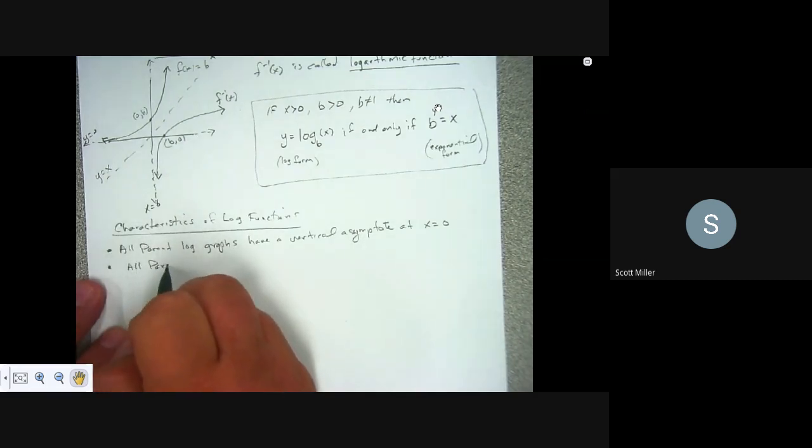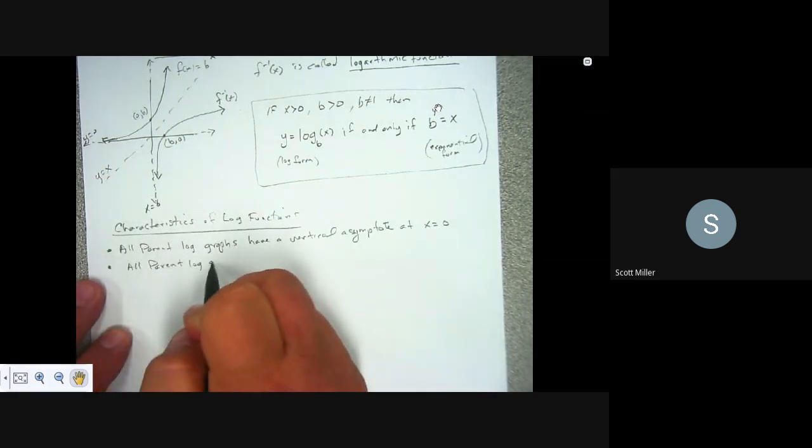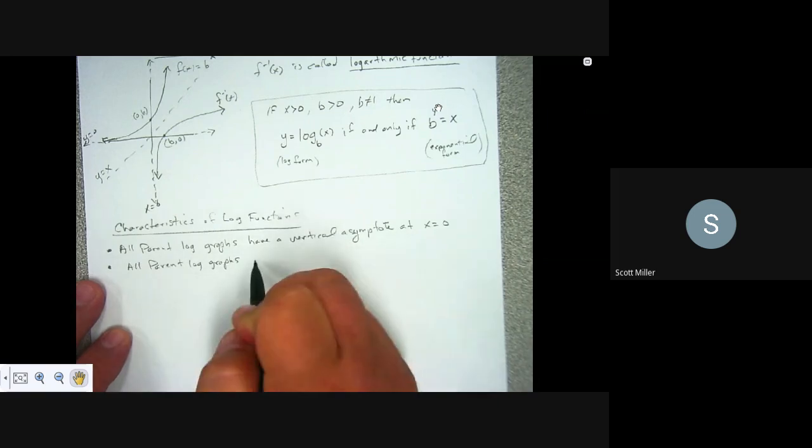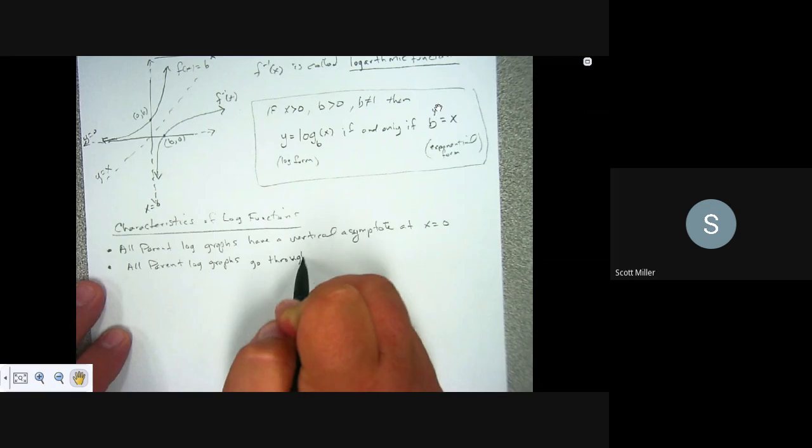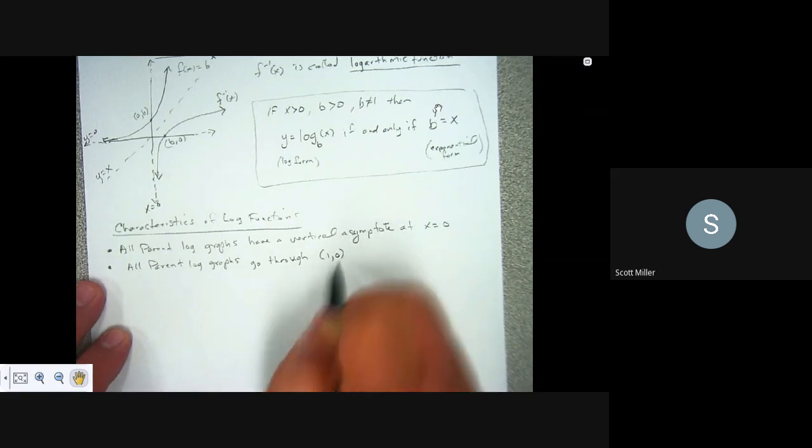All parent log graphs go through the point (1, 0).